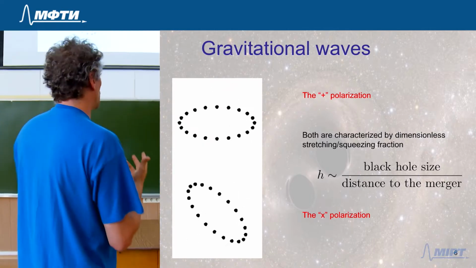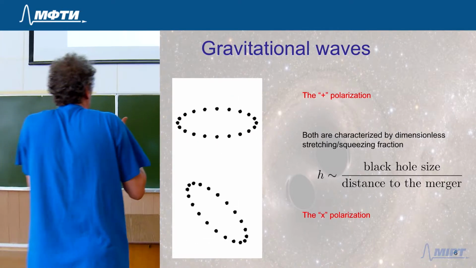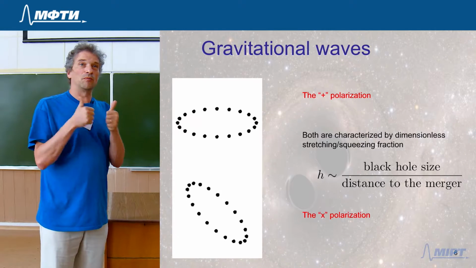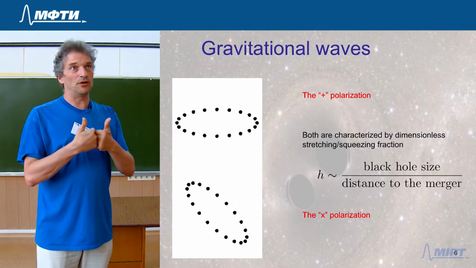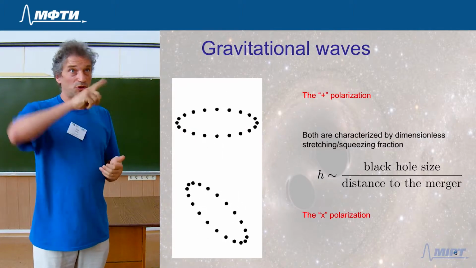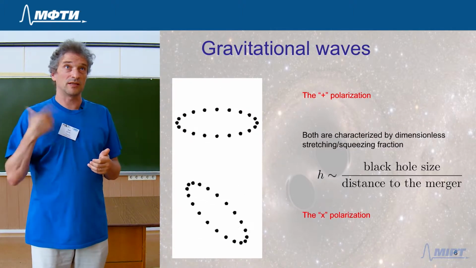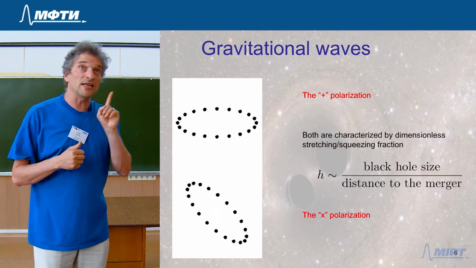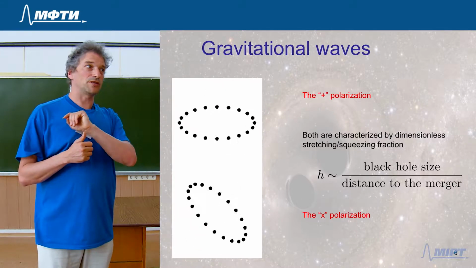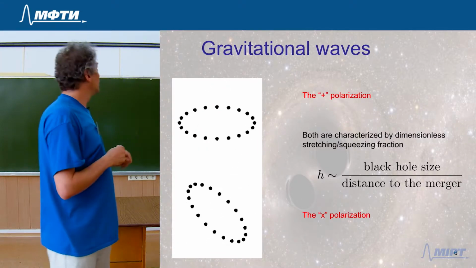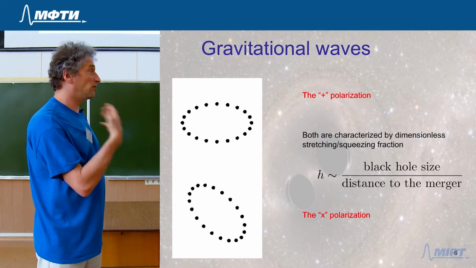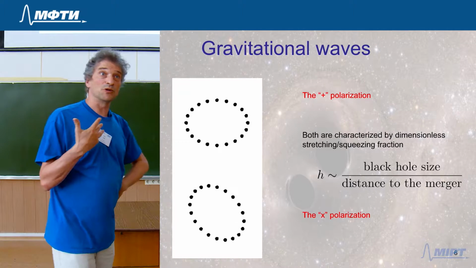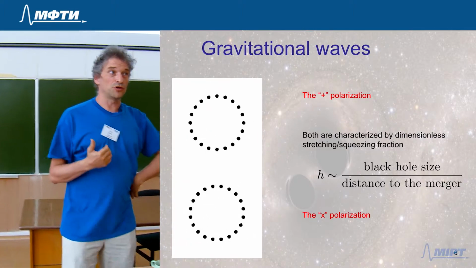And for the merger of 2 black holes, it's very difficult to model. It took us a long time to learn how to do computer experiments which reproduce those waveforms that I showed you. But it is very easy to estimate the amount of this distortion. Basically, you just take the black hole size and divide it by the distance from the observer to the merger event.